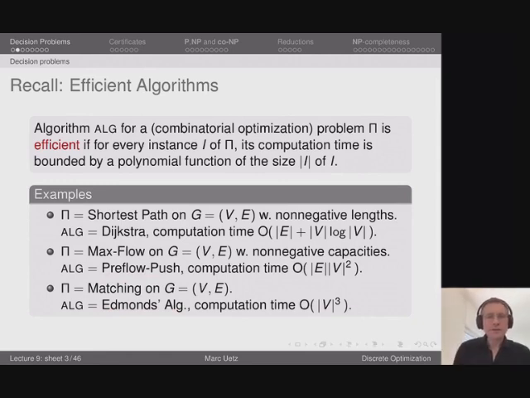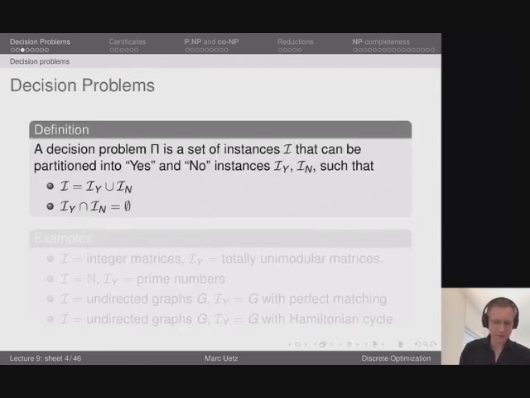Now, these are optimization problems, and what is a decision problem? A decision problem, the name already says it, is a problem which has 2 possible answers, yes or no. And that's exactly what we do.